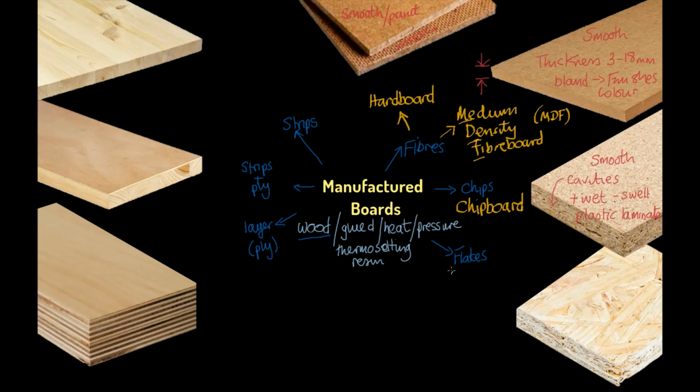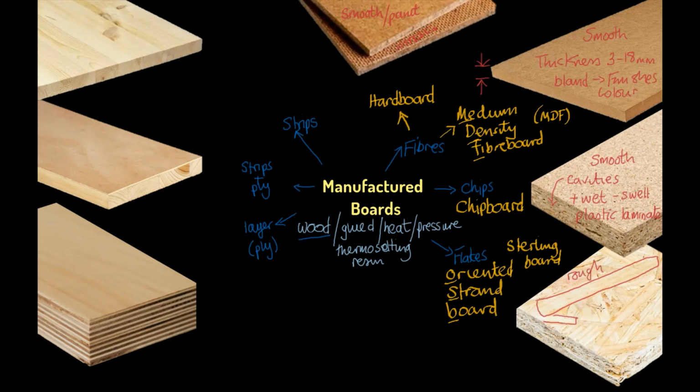So if we're using flakes, then we can make this oriented strand board, and again this can be abbreviated to OSB, or sometimes I've heard it being called Sterling board. Now this is easy to spot because it's got these flakes on its surface, which gives it a sort of roughish finish.